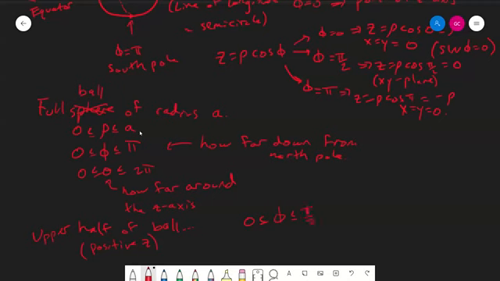And so in that case, phi goes from 0 to pi over 2, from the North Pole down to the equator. Okay, and so it turns out that for regions that are spheres or parts of spheres, spherical coordinates is kind of tailor-made for those regions. And so we'll see next time that when you want to integrate a function over such a region, you probably want to use spherical coordinates.